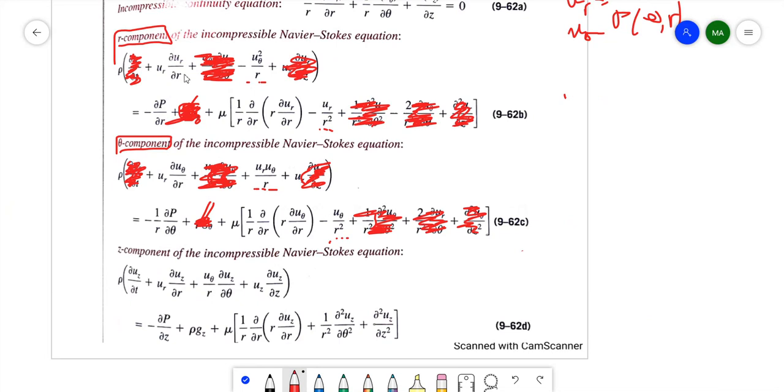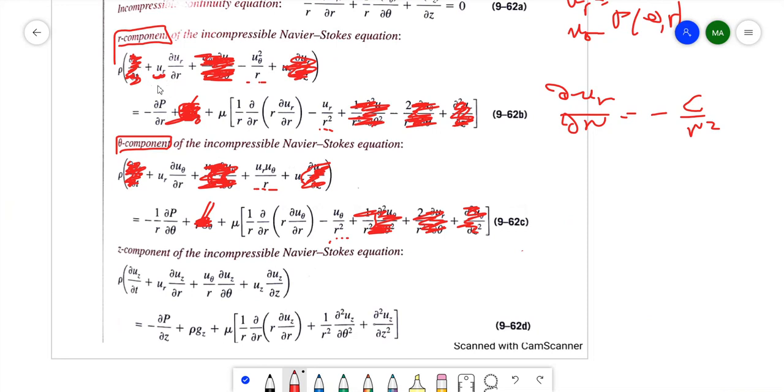So partial ur by partial r is equal to minus c over r squared, because it is c over r. Derive it with respect to r, so it is minus c over r squared. And then outside, multiplied by ur.